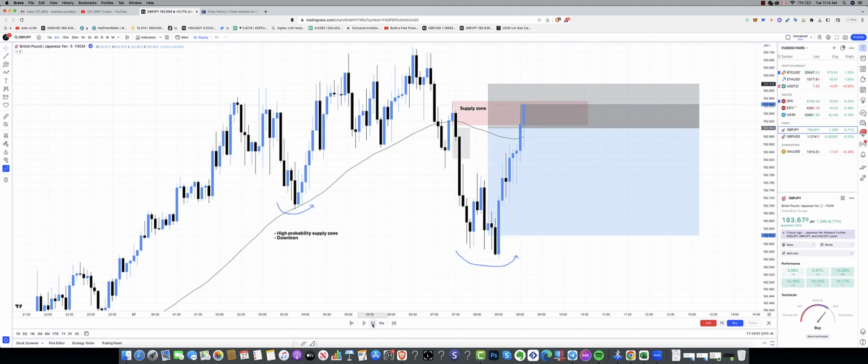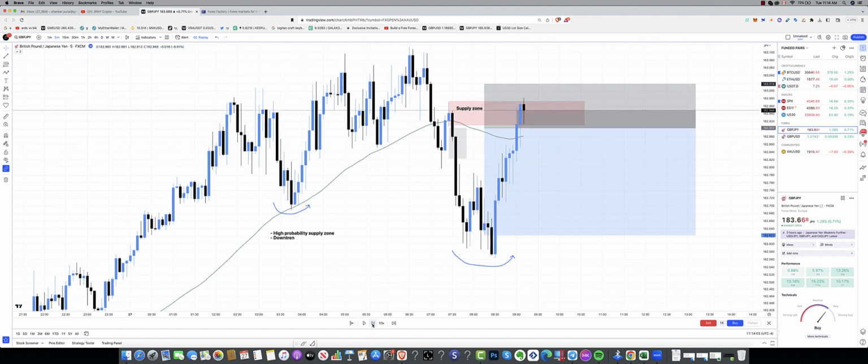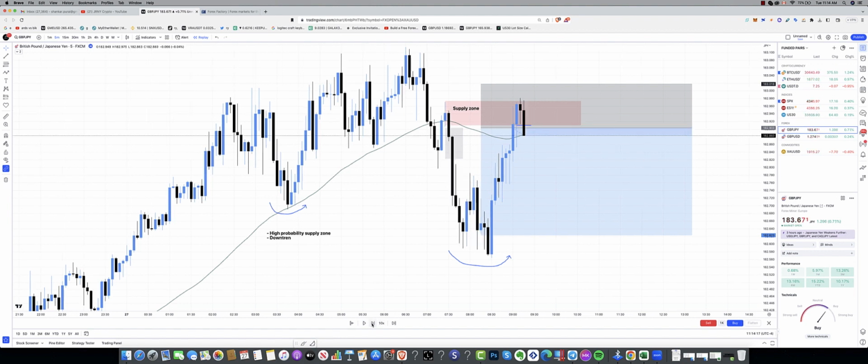Now, entering the trade. What we would look for is for the price to break below this level right here. Once it breaks below that, we are in the trade. So boom, we're in the trade.